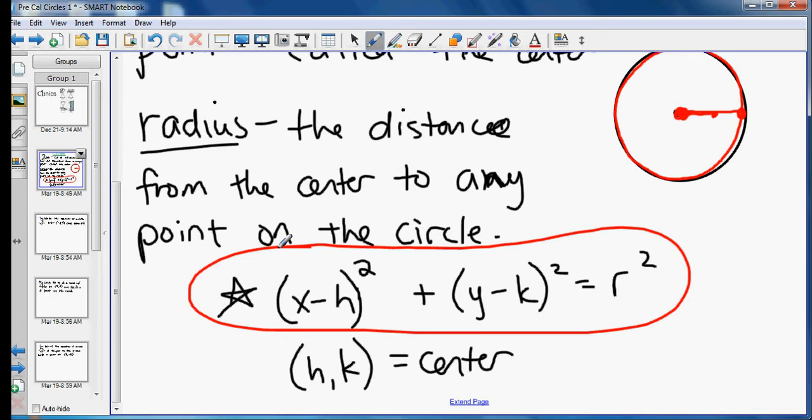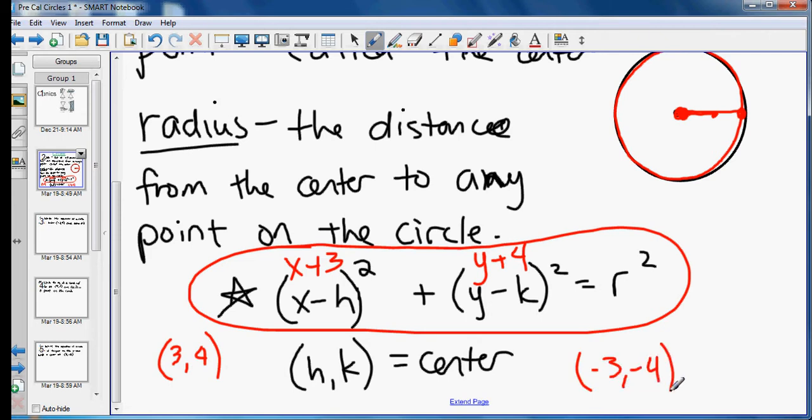So if this was x minus 3 right here, and this was y minus 4, then the center would be (3, 4), because we're always subtracting the value. If they were plus 3 and plus 4, then the center would be (-3, -4), because we're subtracting the negatives to make it a positive.